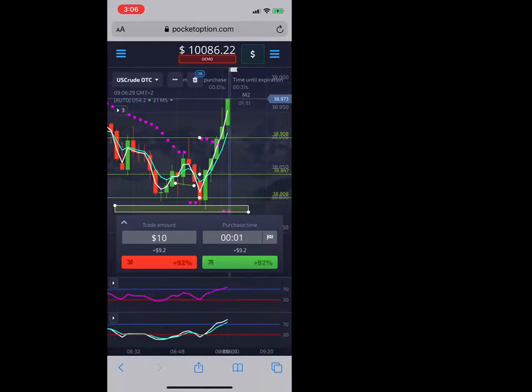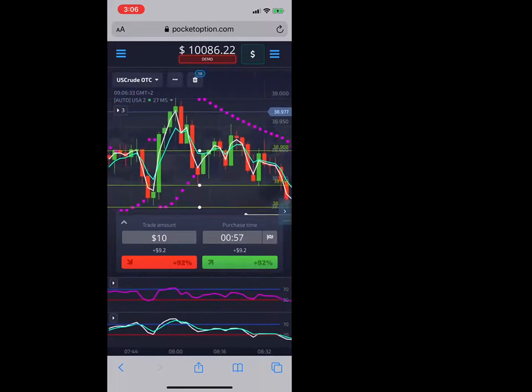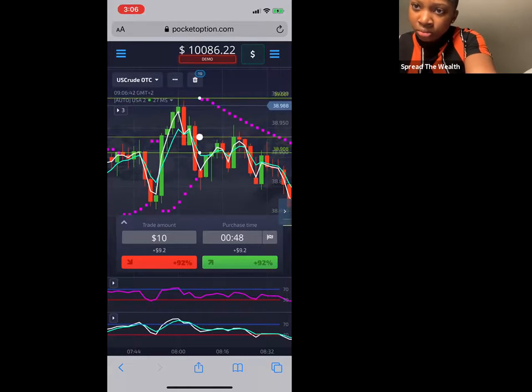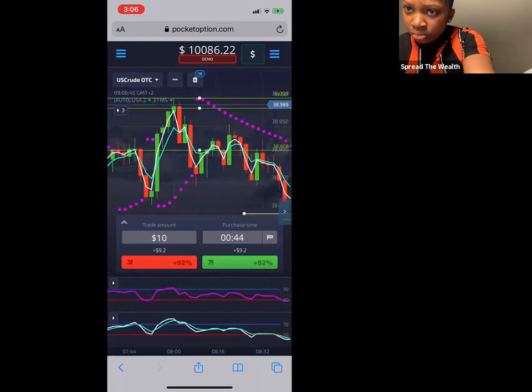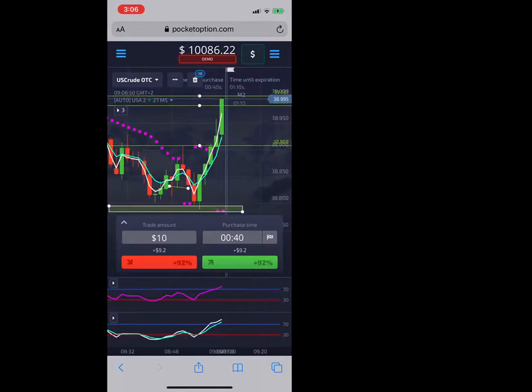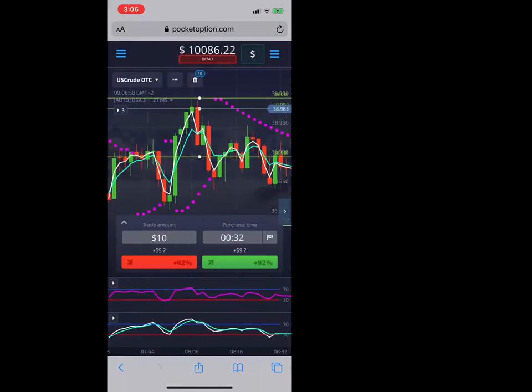So the way I put all this together, for example, this thing will wind up reaching for something. Let's see if it hits this line and then rejects down. So this is on the 2 minute.